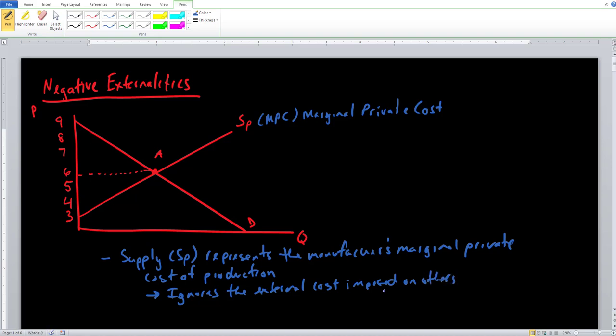And if we ignore the external costs imposed on others, we get the typical equilibrium here at point A. At point A, the equilibrium price equals $6, and let's introduce a quantity, say equal to 30 units. Bring this all the way down. Let's suppose that this is equal to 30 units. So point A is going to be known as our market equilibrium.